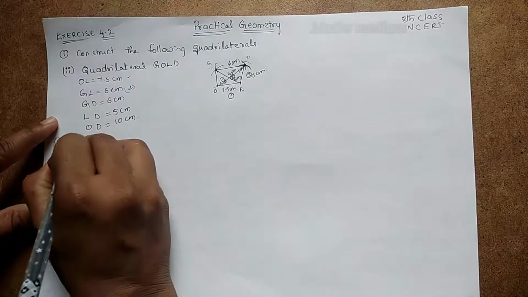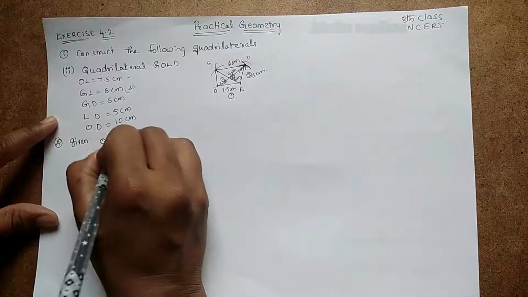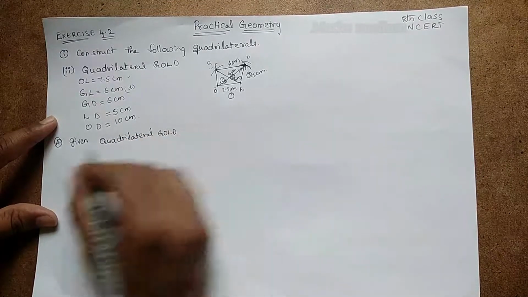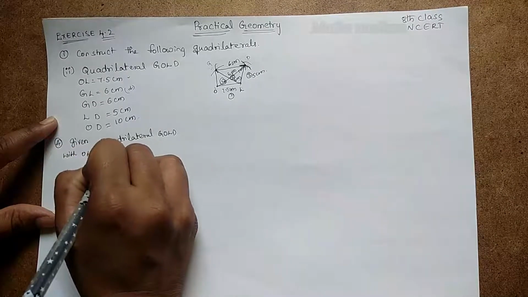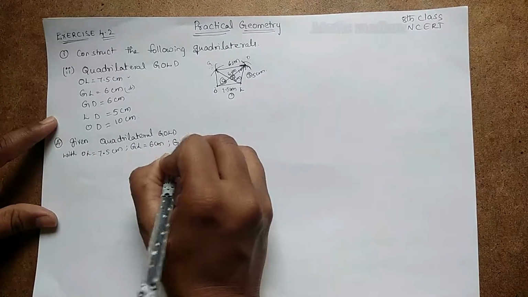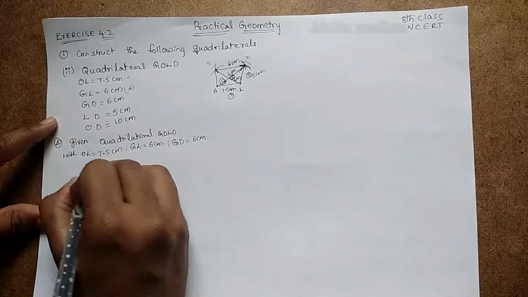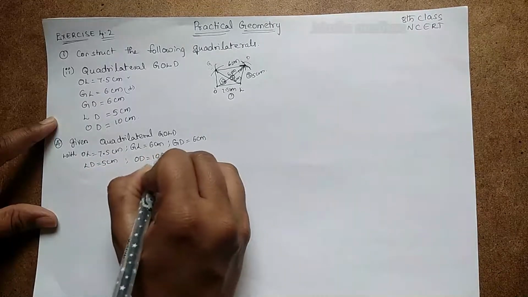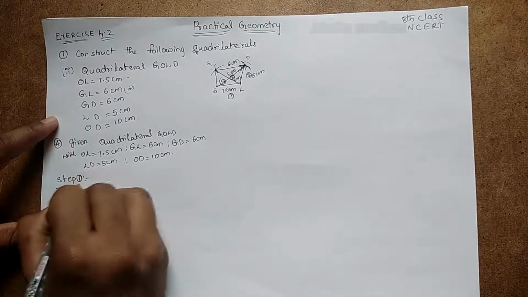This is the answer. First of all, write the given. Given quadrilateral GOLD with OL is equal to 7.5 centimeters, GL is equal to 6 centimeters and GD is equal to 6 centimeters and LD is equal to 5 centimeters, OD is equal to 10 centimeters. Now make step 1. Take a base.